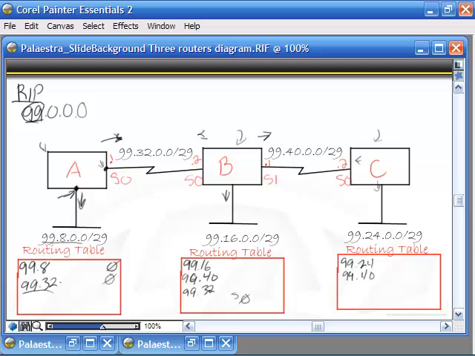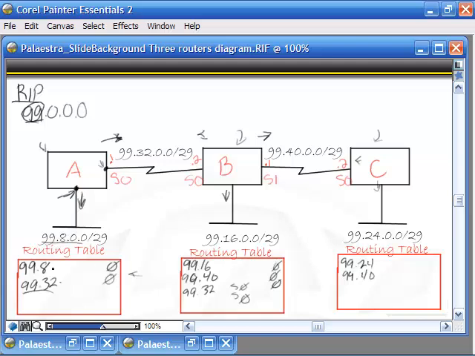But hey, I already know where 99.32 is. I have a connection to 99.32 out of my serial 0 interface, and I have a cost of 0. If I sent to router A to get to 99.32, it would cost me 1, so I'm just going to disregard that information.